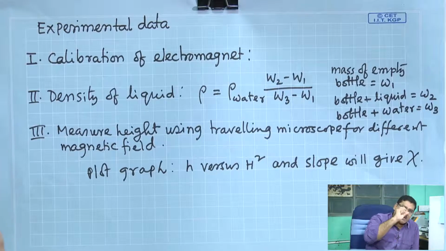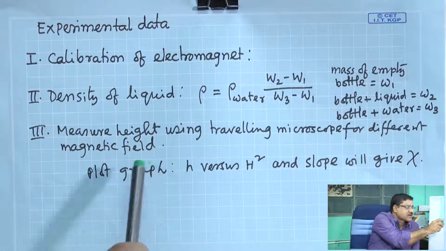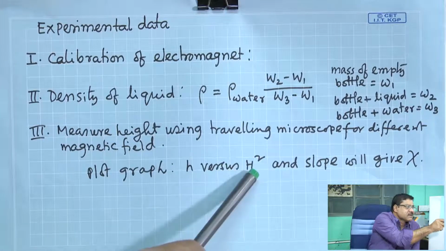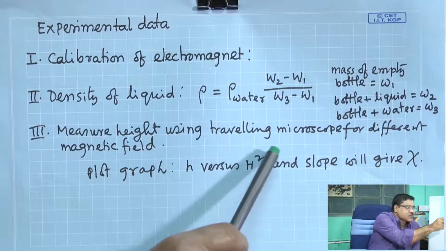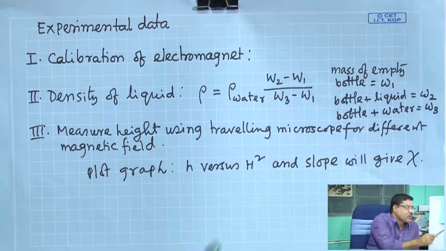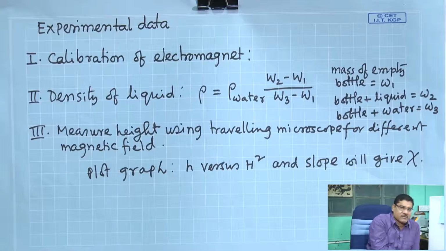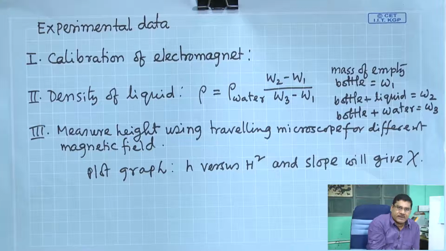Now we have data of height h versus the magnetic field H. So we will plot h versus H square. From that graph we get the slope, and from that slope one can find out chi.